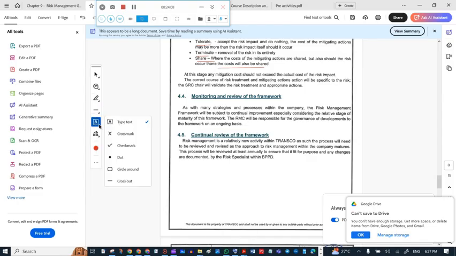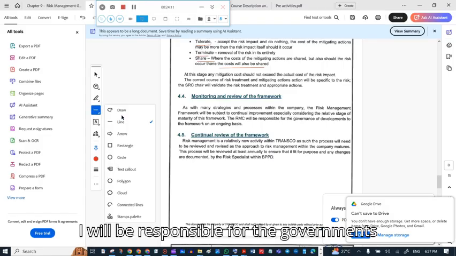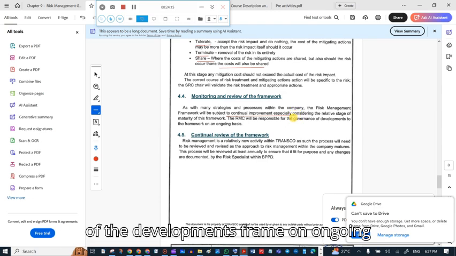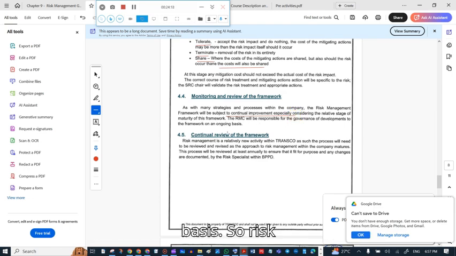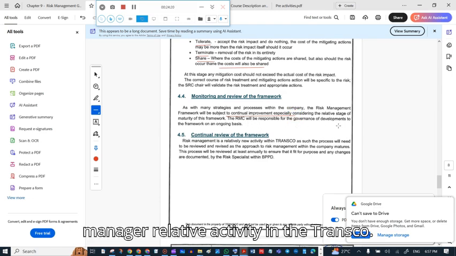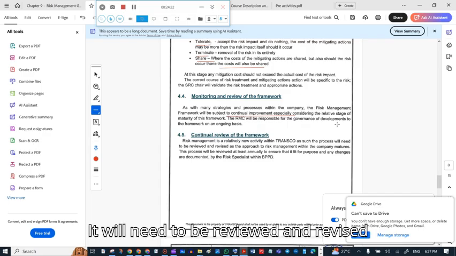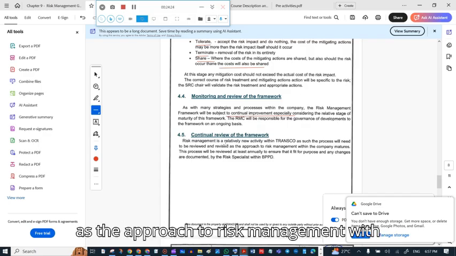Continuous improvement will continue, and someone will be responsible for the governance of the development of the framework on an ongoing basis. Risk management is a relatively new activity in the Transco. It will need to be reviewed and revised as the approach to risk management within the company matures.